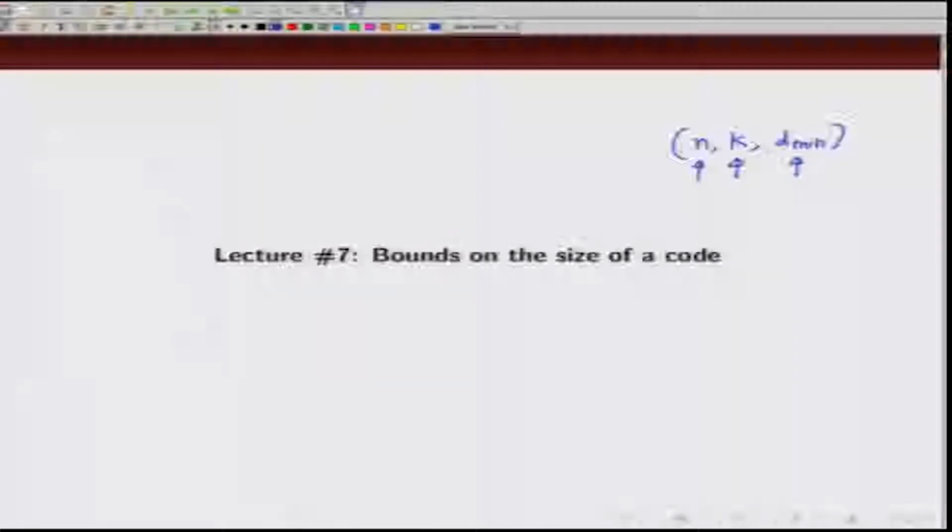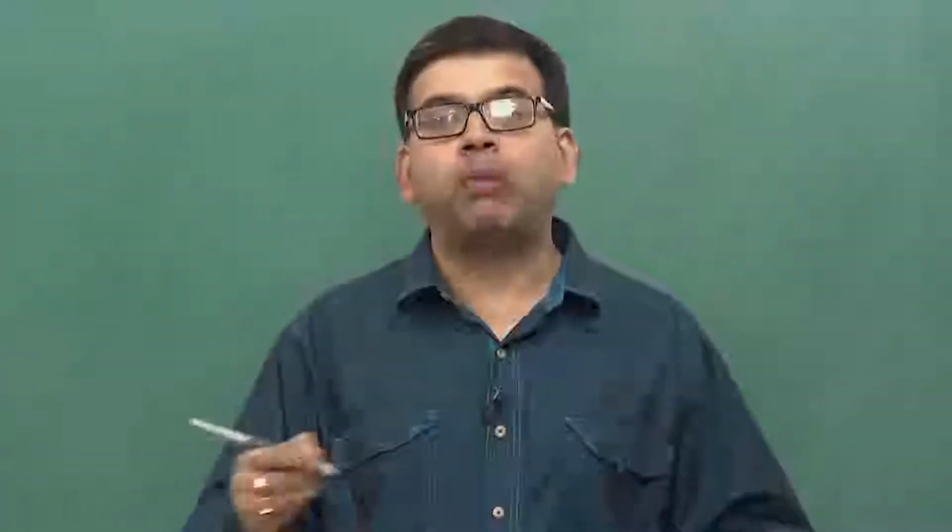Or if n and k are specified, I am interested in finding out the maximum minimum distance I can get. So fixing two parameters, I am interested to know about the third parameter, and in this lecture we are going to talk about bounds that link these three parameters.